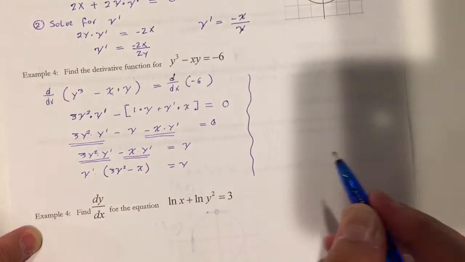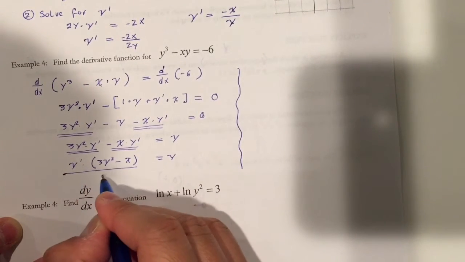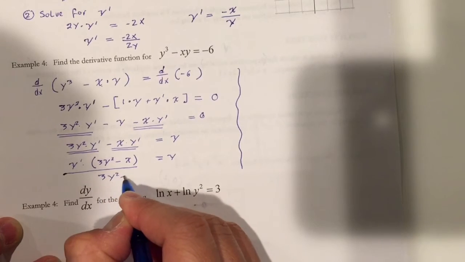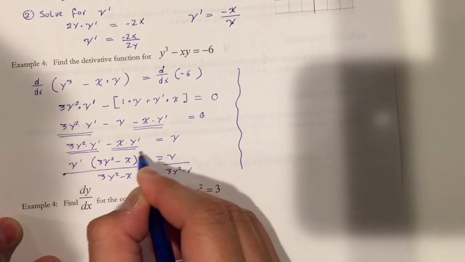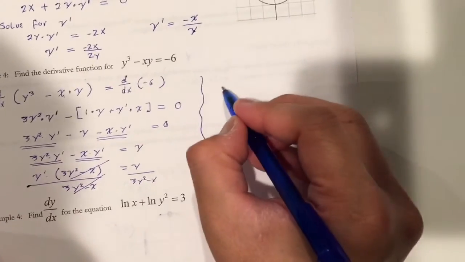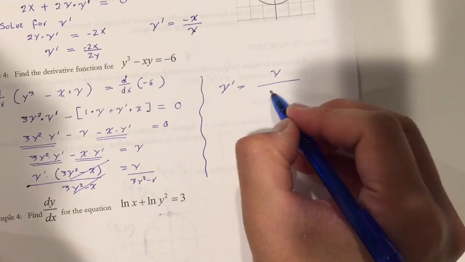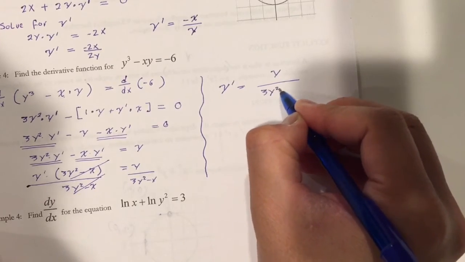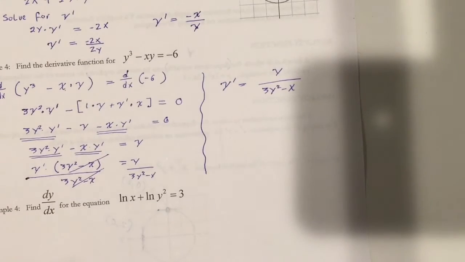And then to solve for y prime, I divide both sides by 3y squared minus x. So these will go away. So y prime is equal to y over 3y squared minus x. And that's the derivative function.